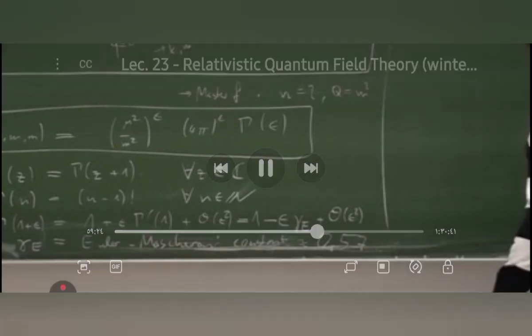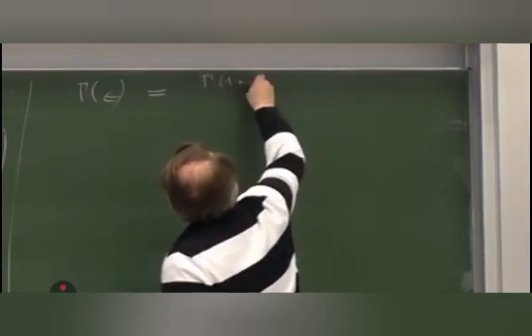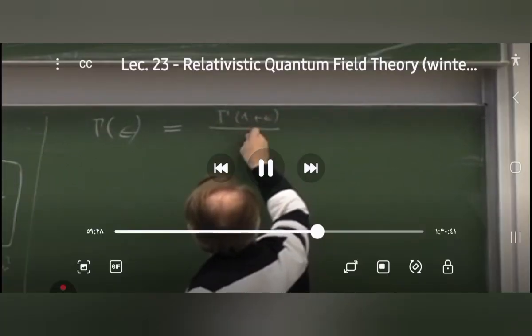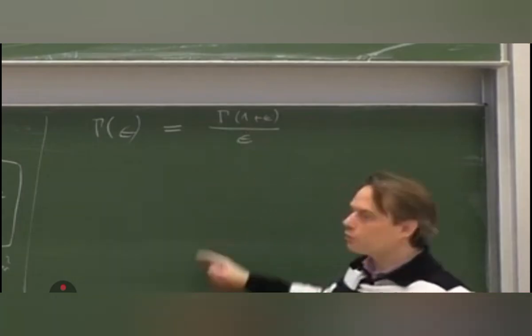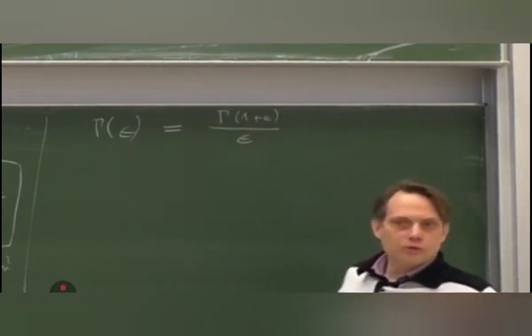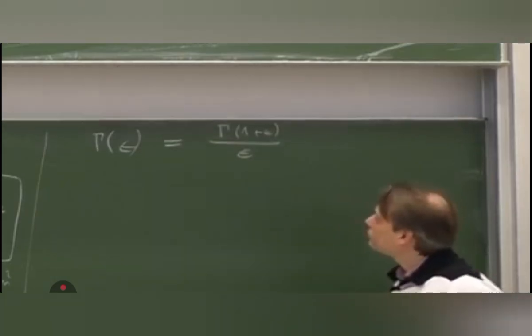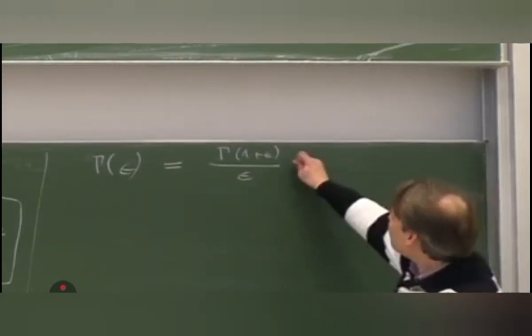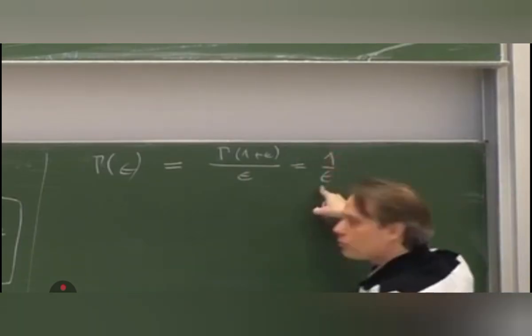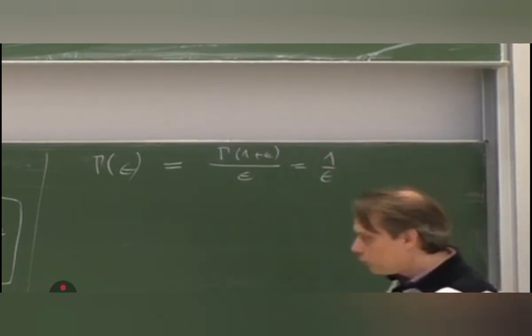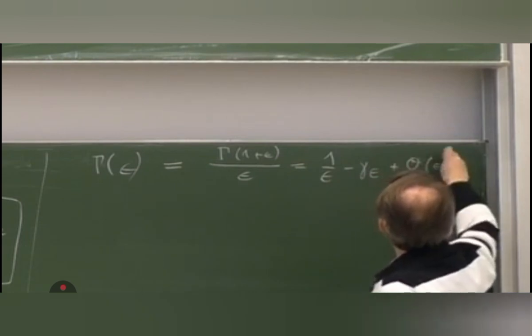Namely, gamma of epsilon is the same as gamma of 1 plus epsilon divided by epsilon, because that is just the recursion formula solved for gamma of epsilon. But now we can plug in our expansion of gamma of 1 plus epsilon, which starts at 1. So we now get 1 over epsilon, that is the divergence. And we get minus the Euler-Mascheroni constant plus higher orders in epsilon.